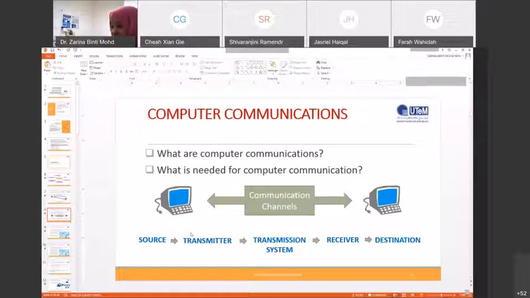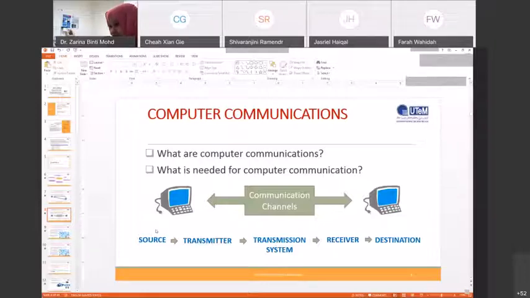Let's look at the components needed for computer communication. There are five elements that enable computer communication.